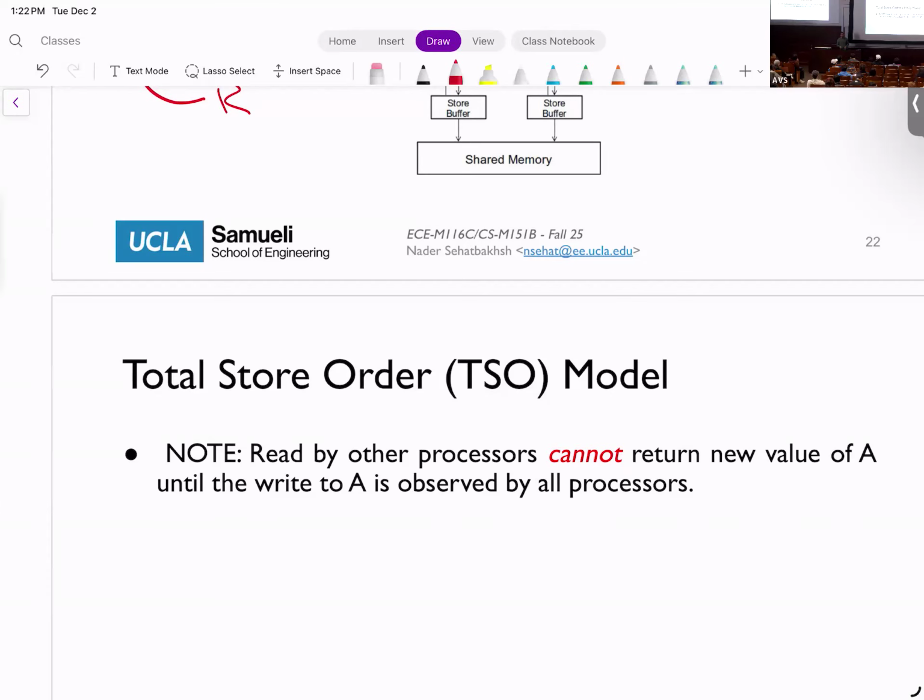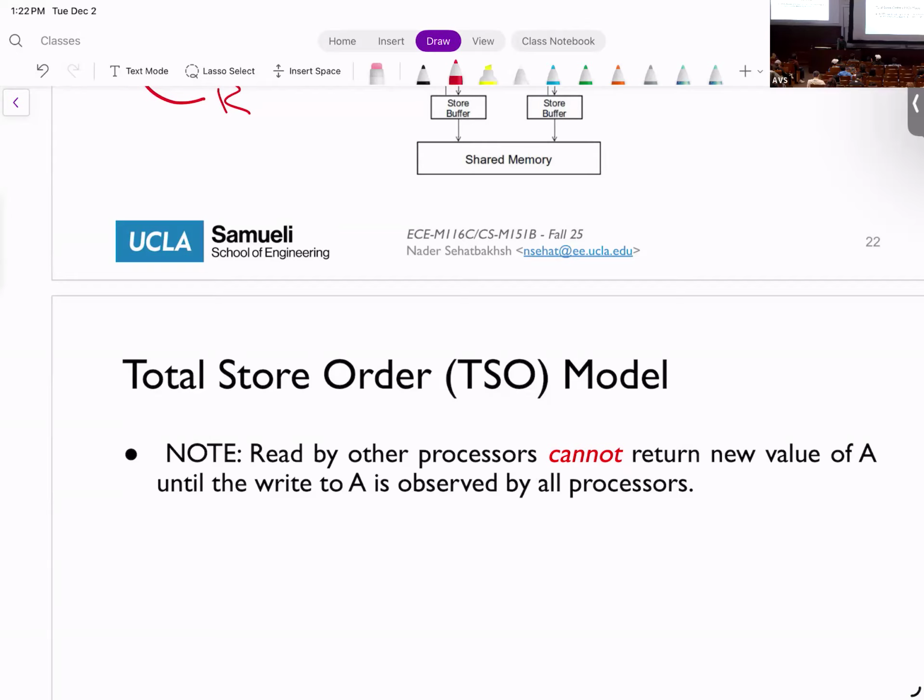So we still maintain this very key component that if a write happens to an address, everybody else will see the updated value. TSO ensures that. So even if you're reordering, it will ensure that if there is a previous write, that write happens first before that read. That's an important aspect of TSO.